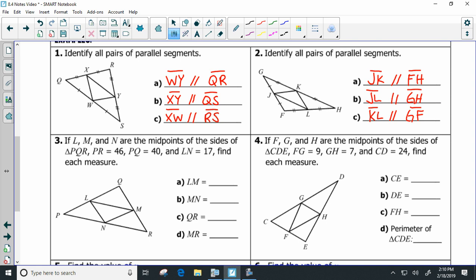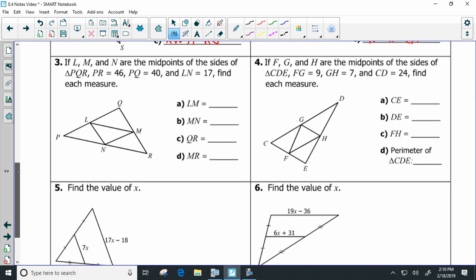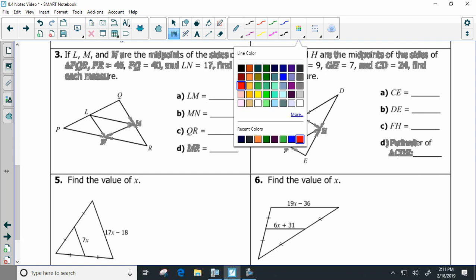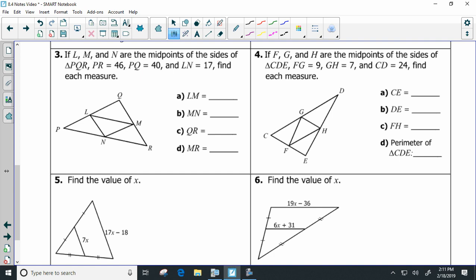In order to test the second part, that those mid-segments are half as long as the third side, I'm going to take a look at these next two examples, example 3 and example 4. Example 3 says if L, M, and N are midpoints, that means I have a bunch of mid-segments of the sides of triangle PQR.